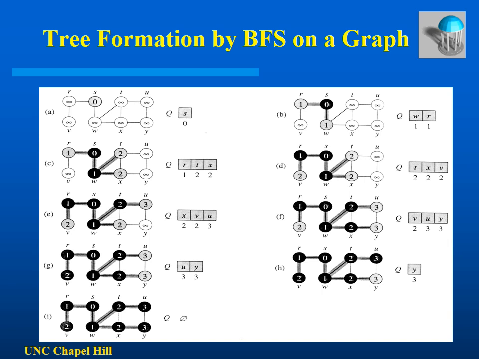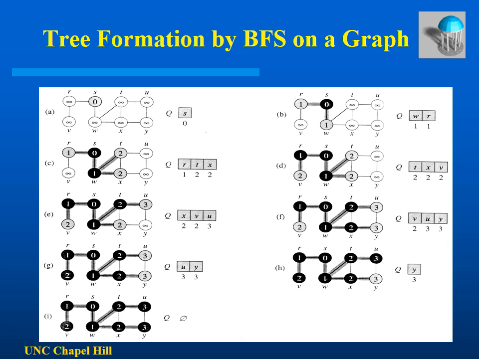And it's connected to U, and U has till now been undiscovered. Thus, we mark the T to U link in our tree, that arc. We set U's path length to T's plus 1, namely to 3.